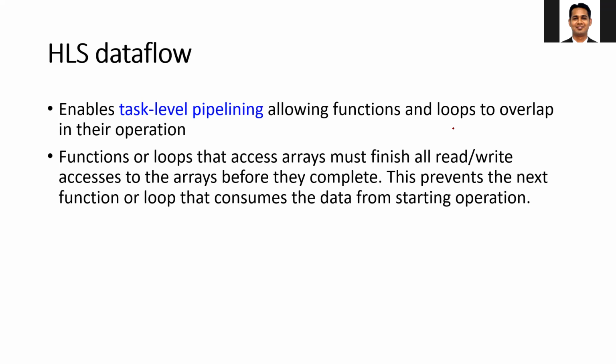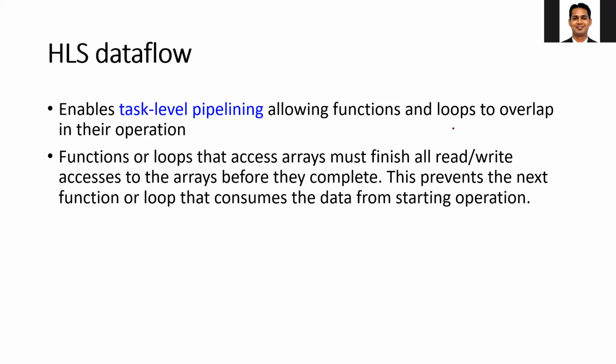For example, you have function A and function B, and function A is operating on an array of size, say, 256, and the output of function A is given to function B, which is using the output array of size 256. So in the regular implementation, you cannot start the execution of function B until function A completes its execution and writes the output at all the 256 locations.